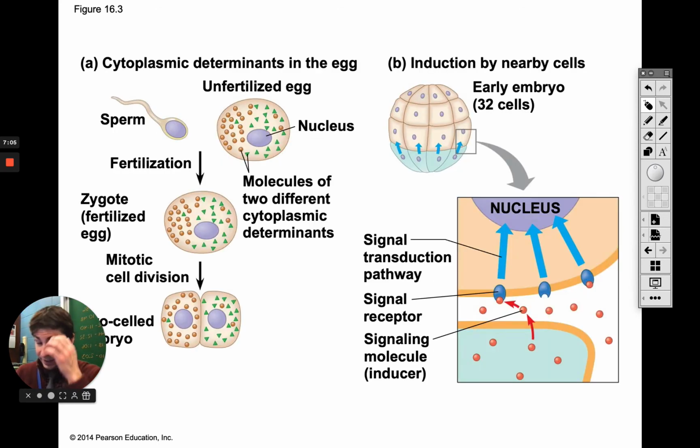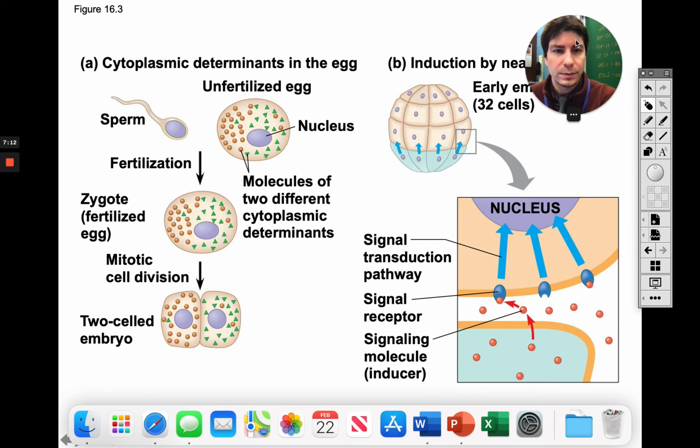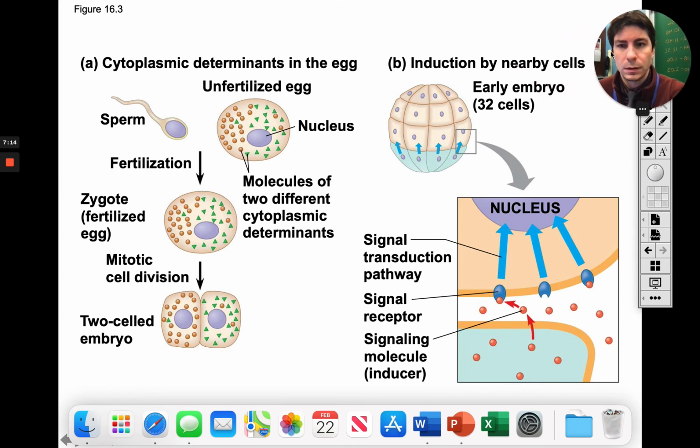Here's another picture of it, guys. All right. And you can see here, let me move myself out of the way here. We have our cytoplasmic determinants here, and they're going to go down and do 2 different cells here. Okay? So there is A and there's B, and there's this thing called induction, and we're going to talk about induction here in a little bit.